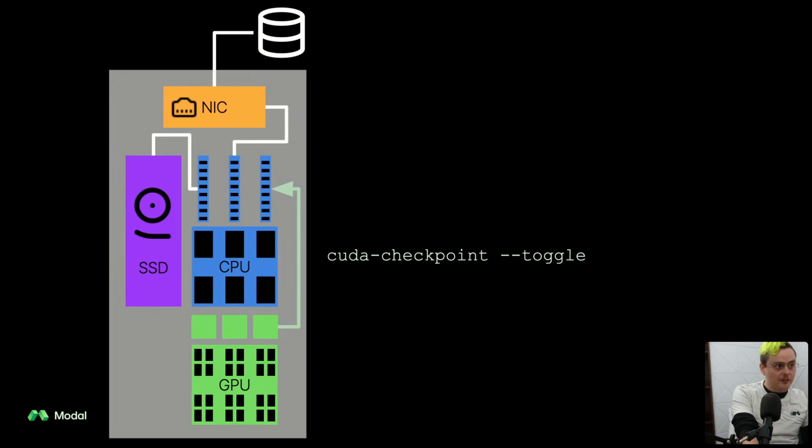And now that it's in the CPU memory, you can use the same checkpoint restore system to then move it from memory to disk, and from disk to wherever you want to put it in your tiered cloud native cache, the storage system.